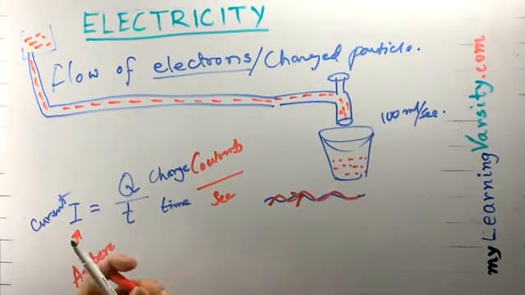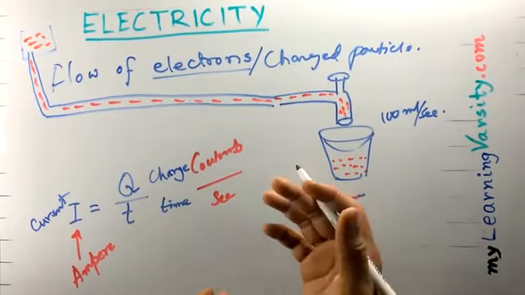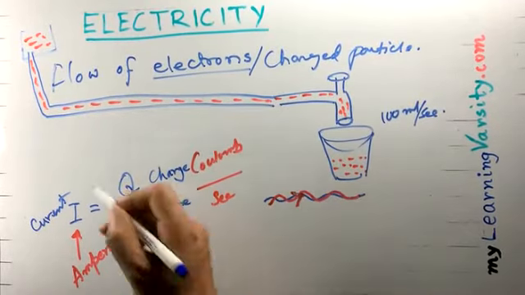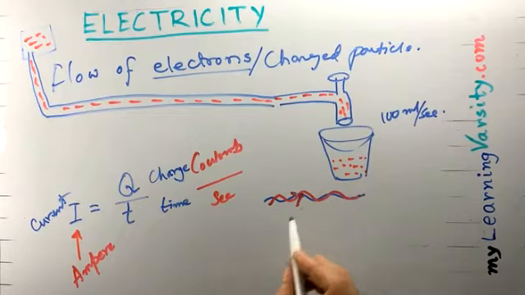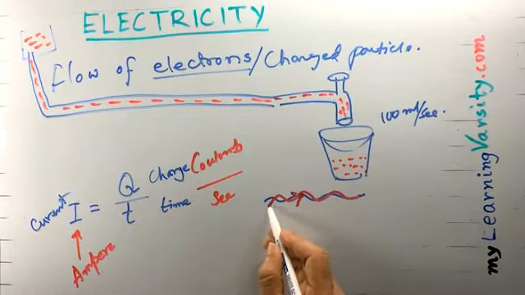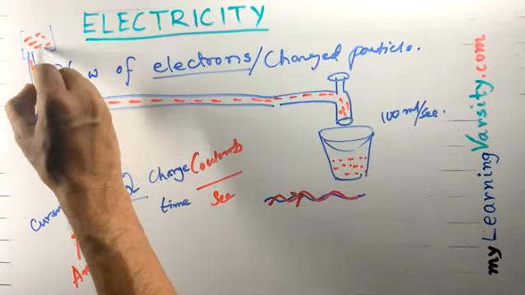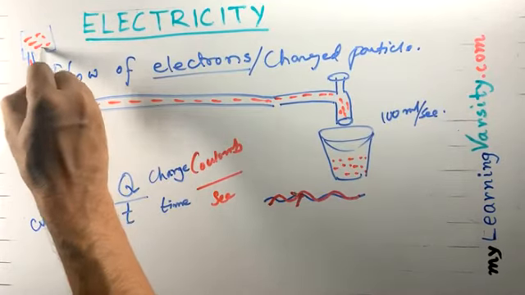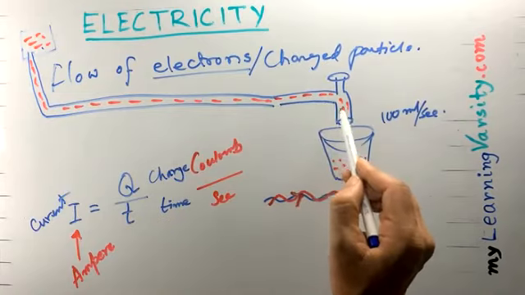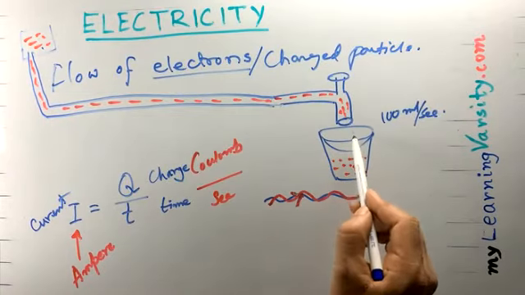Similarly, for flowing electricity also we need a path, and a source. The source of water is this water tank, and it is getting collected in this bucket.